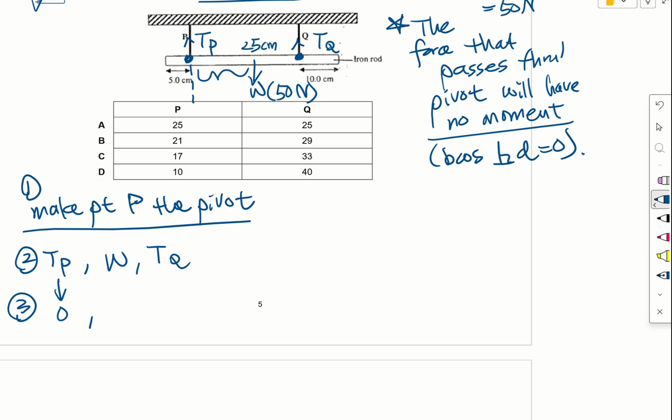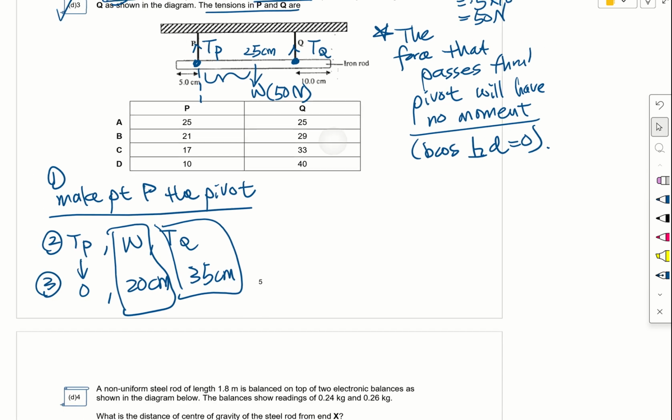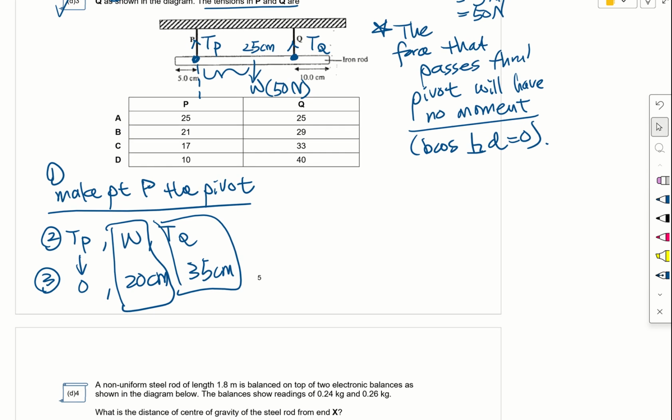So from the weight all the way to the pivot at P, there's a distance of 20 cm. Okay, so for TQ, it is at a distance of 35 cm. So this is step 3, and this is the most difficult part.